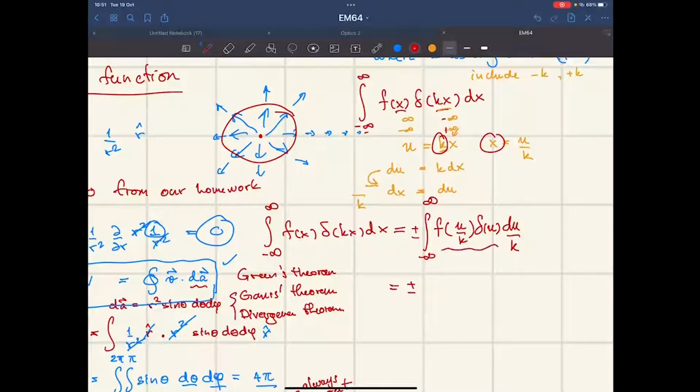Okay, this becomes f where u is, this thing is actually the Dirac delta function of u minus 0 here. So where u is, put 0 here, so it becomes f0. Okay, f0. And this thing is divided by k here. And then we can write it down like that.